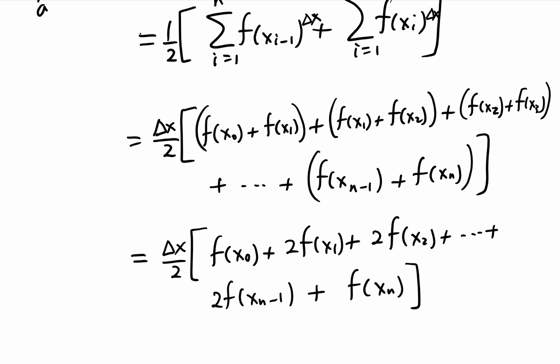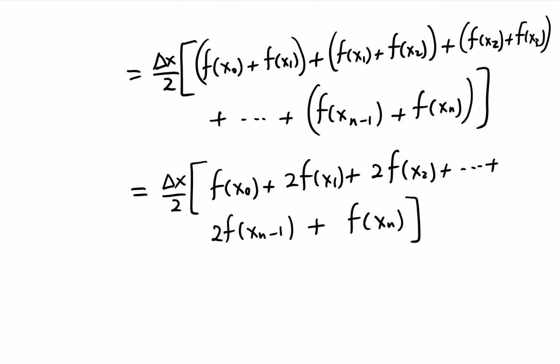So the first one has 1 copy, f of x sub 0, and the last one has 1 copy, f of x sub n. And that's what it gives me here. So this is the formula for T sub n, where again delta x is the same as before, b minus a over n, and good to know that x sub i is always a plus i delta x.